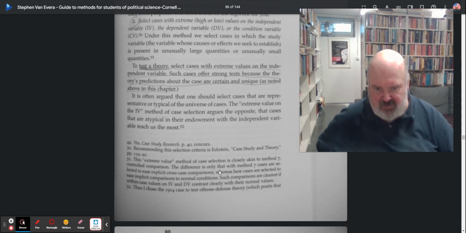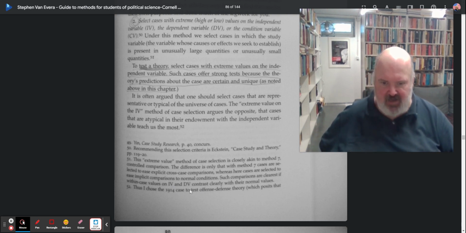The difference is only that with method 7 cases are selected to ease explicit cross-case comparisons, whereas here cases are selected to ease implicit comparisons to normal conditions. Such comparisons are clearest if within-case values on the independent and dependent variables contrast clearly with their normal values. So they have to contrast.